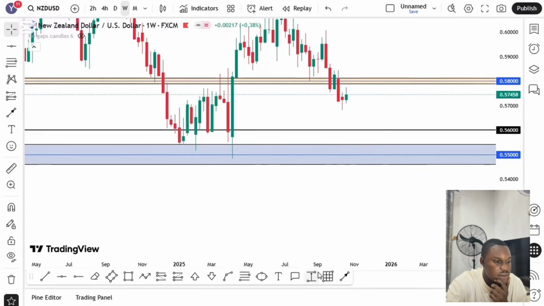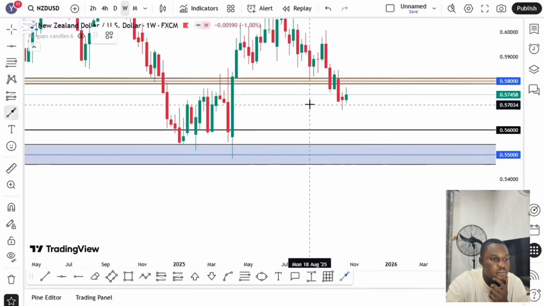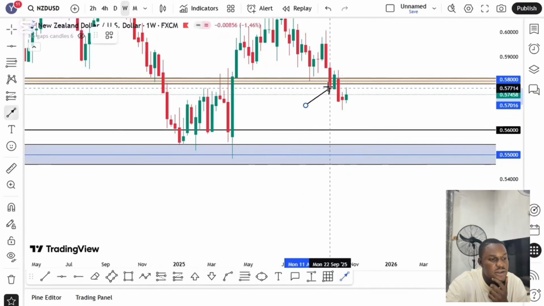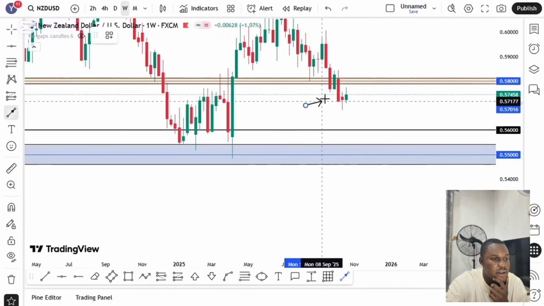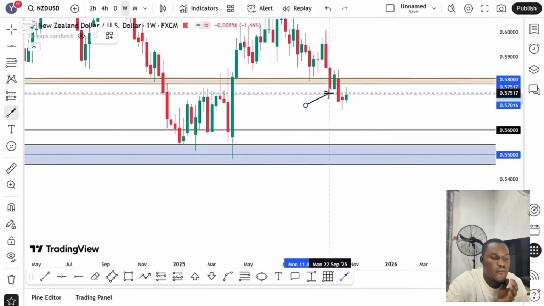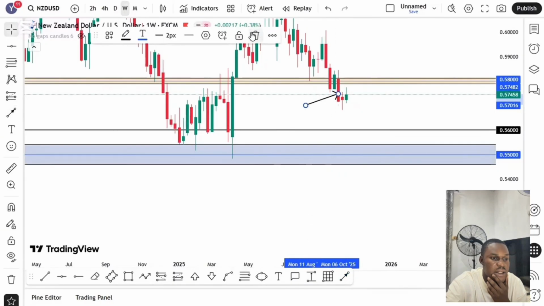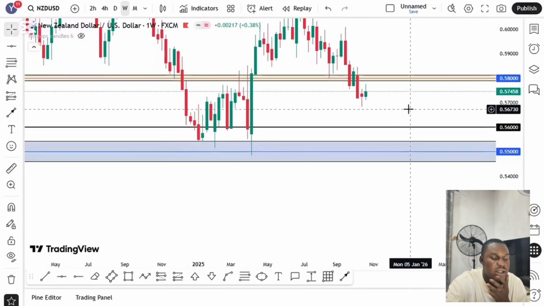This is the breakout. Let me show you the breakout. This is the first breakout, and the breakout confirmation was this second bearish engulfing candle, weekly engulfing candle, which means the market is bearish.